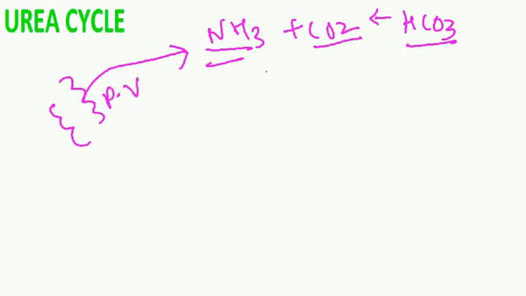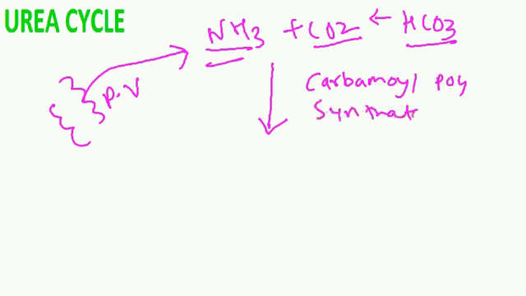Now this ammonia and carbon dioxide, the enzyme acting on them is carbamoyl phosphate synthetase 1, and this step is the rate limiting step of the cycle.